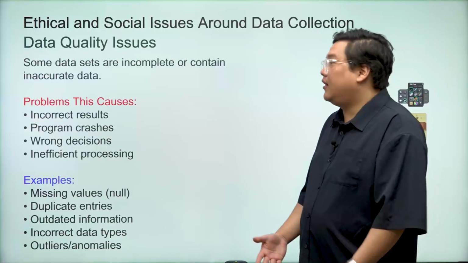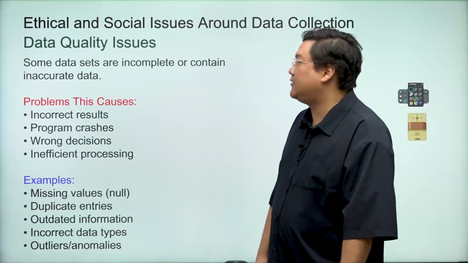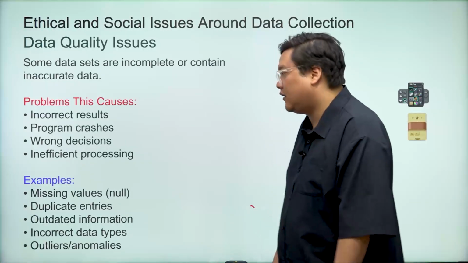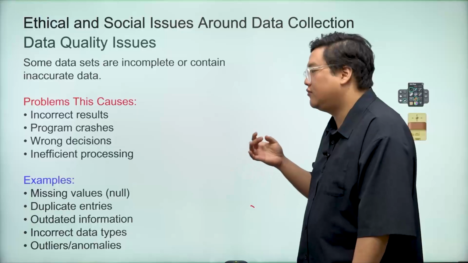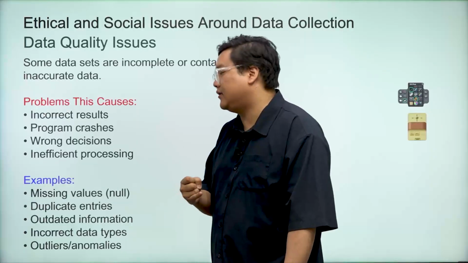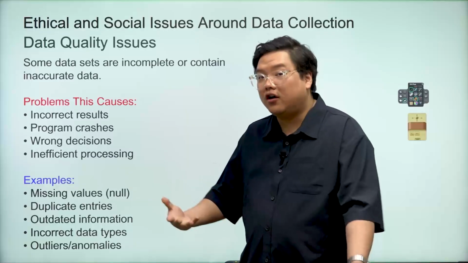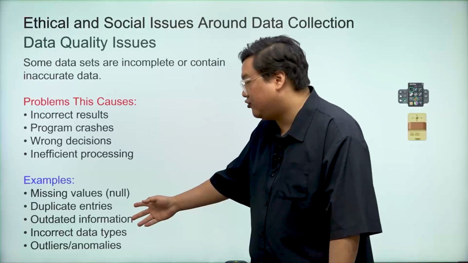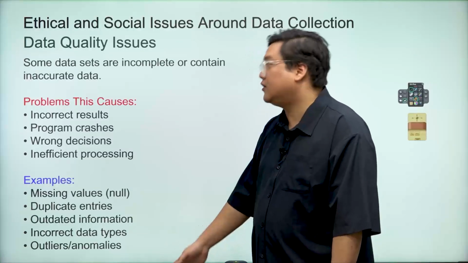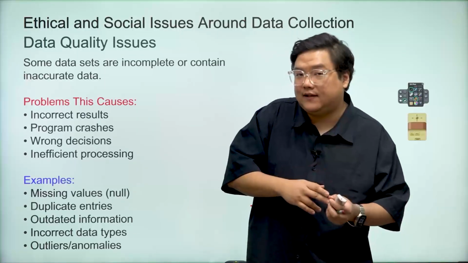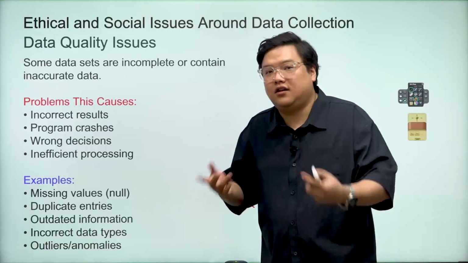All right, and data quality issues. Some data sets are incomplete or contain inaccurate data. This causes incorrect results, program crashes, wrong decisions, inefficient processing. Examples would be misleading values, nulls, duplicate entries, outdated information. So you also need to check for biases and whether it's good quality or not.